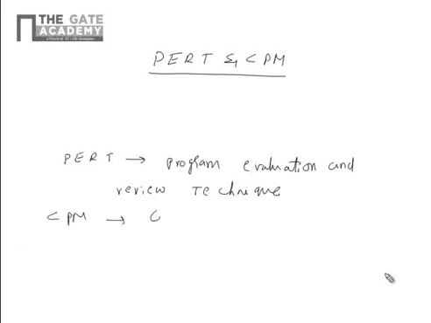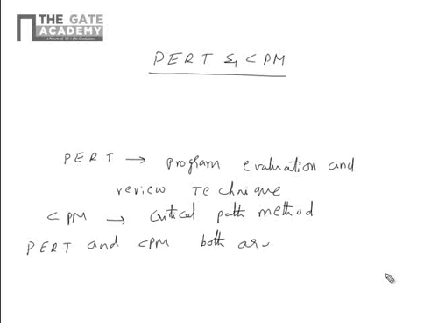CPM is nothing but critical path method. So PERT and CPM both are used for project planning. Any project.